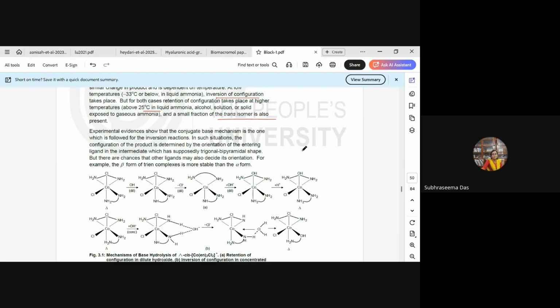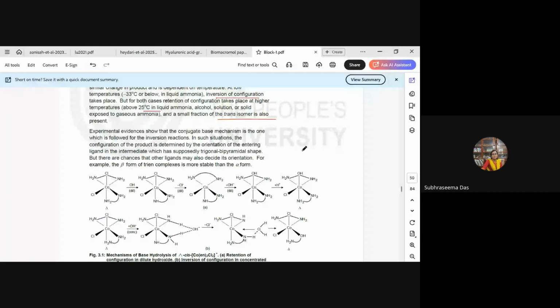The experimental evidence has shown that mostly the conjugate base mechanism is the one followed for the inversion reactions. As we have just studied, the configuration can be either retained or inverted, or we obtain a racemic mixture. But the experimental evidence has shown that the mechanism by which the inversion product is obtained is mostly the conjugate base mechanism.